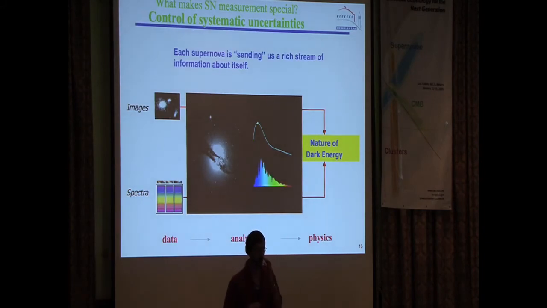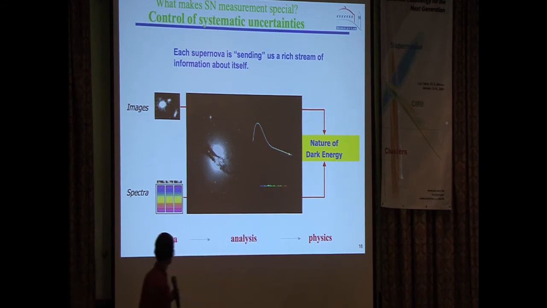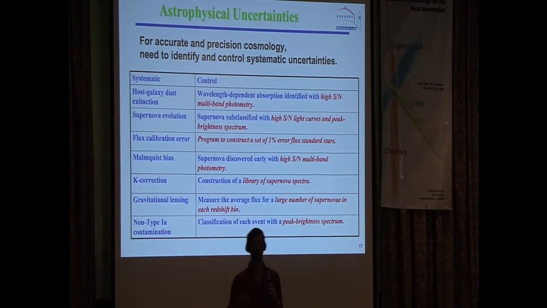So let me talk a bit more about systematics now. I'll go through some of the supernovae. As I've already said, you get a rich variety of information. You get a spectrum, you get the flux versus time, and you can see the environment that the supernova is taking place in. So you want to use all of that to constrain systematics that you can come up with.